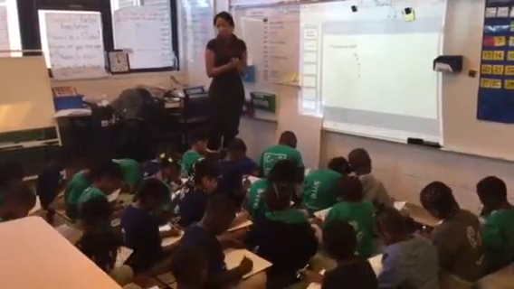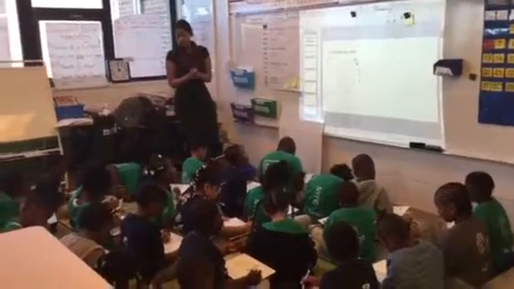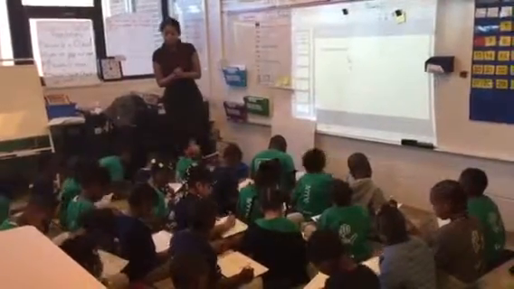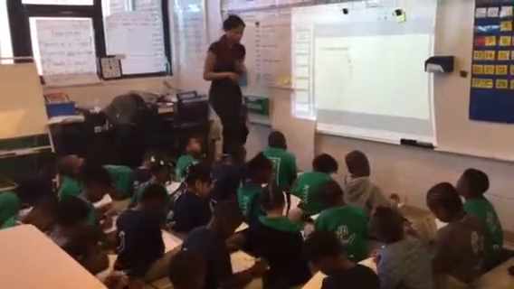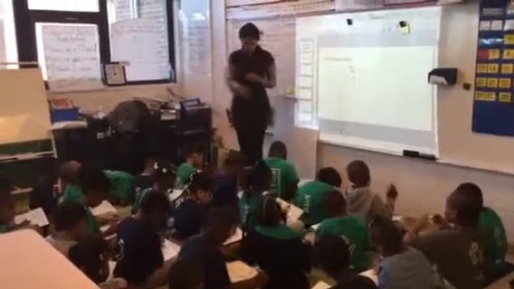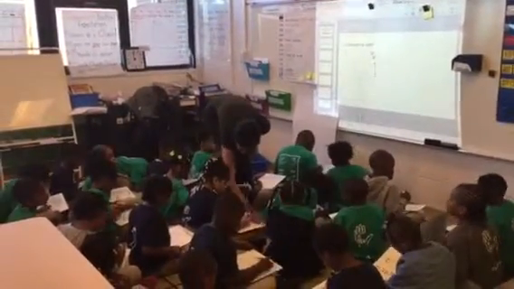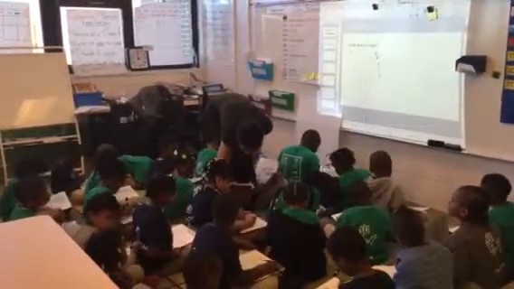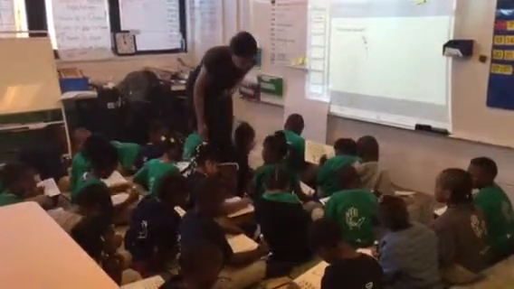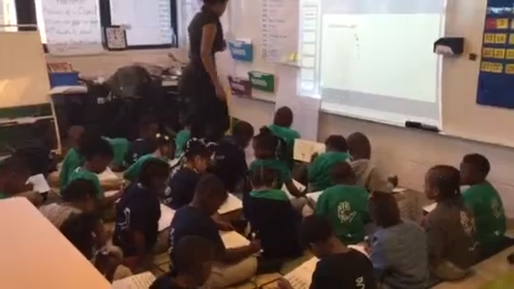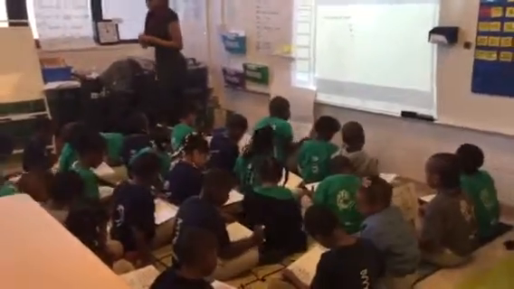We split the 1s. I need to see 10 sticks on top, right? So we know what we're doing and we don't get confused.